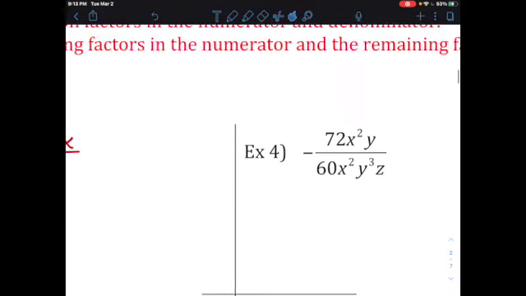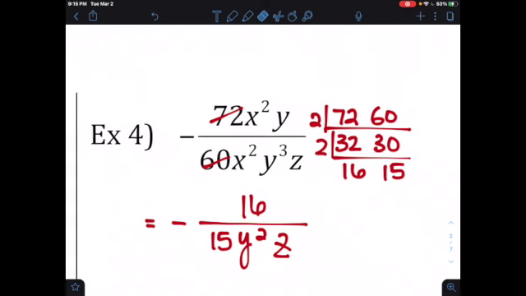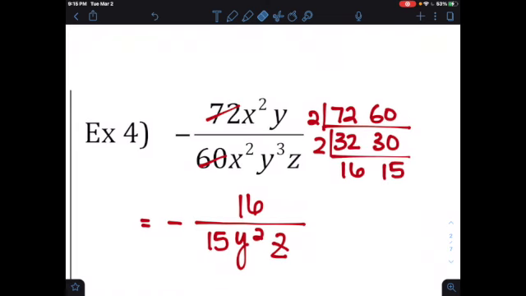I would like you guys to try example number 4 yourself. As time goes on, I probably will have you try more problems, just because I expect you guys to know how to factor. I expect you guys know how to cancel. Number 4. I hope you guys notice how I did the problems. I don't have a calculator just in case, so I actually put 72 and 60, and I put out what they have in common, and that essentially is canceling.